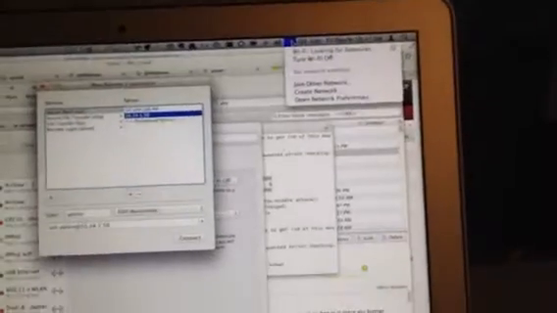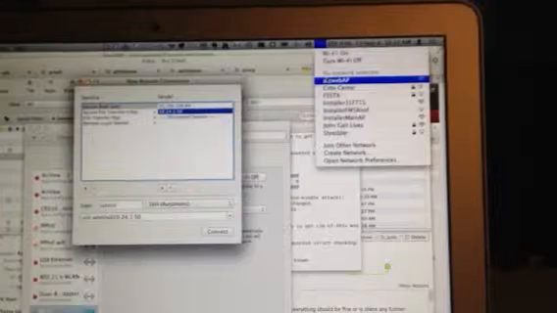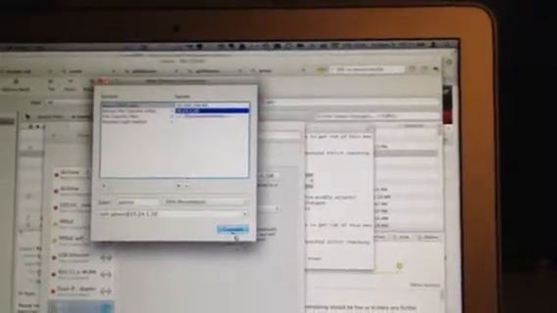Oh, maybe because I'm connected to the installer SSID, it's not going to see that IP address. Ah, it was still booting up. I probably screwed it up by doing that. Okay, so now I'm connected to it, and SSH still doesn't like me.